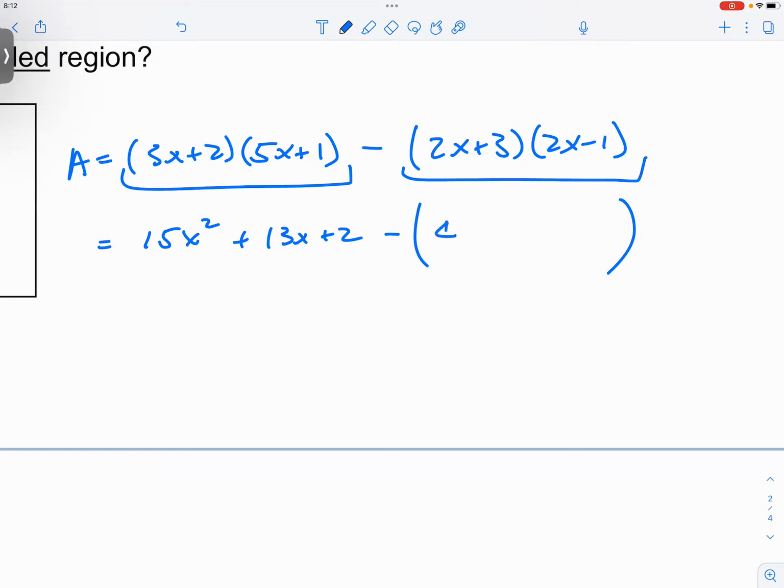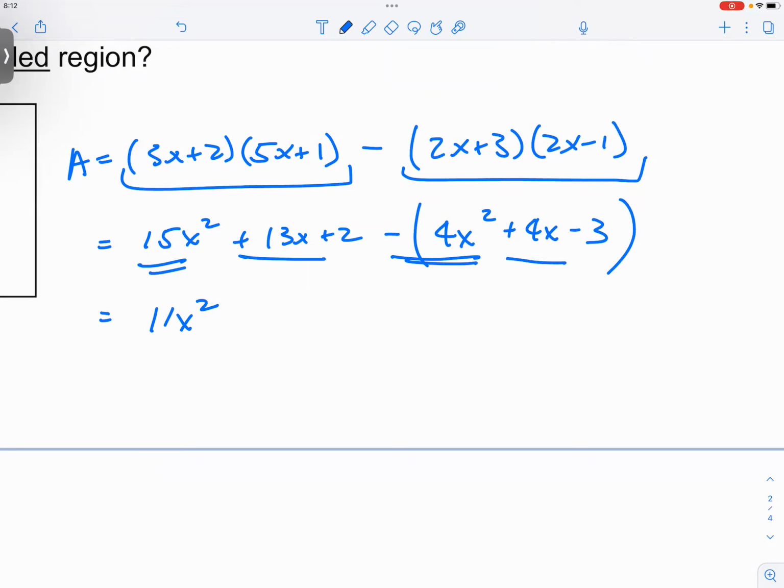So, 4x squared plus 4x minus 3. If you do not put the parentheses, things are totally flipped, and that's no bueno. All right, so 15x squared minus 4x squared, that would be 11x squared.